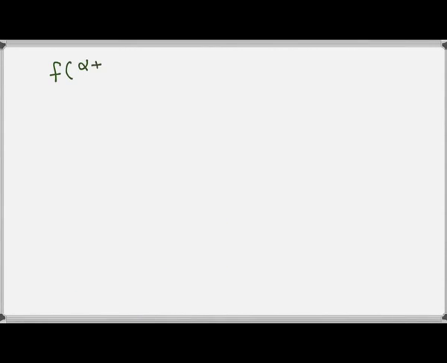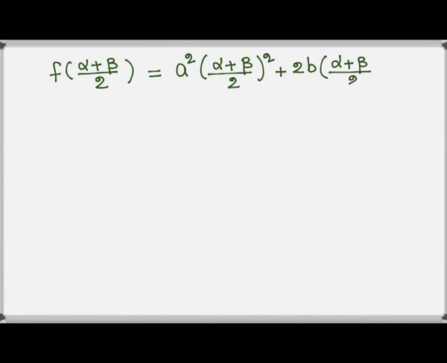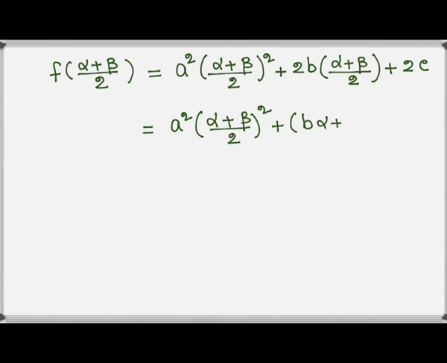F of alpha plus beta divided by 2 is equal to a square into alpha plus beta divided by 2 whole square plus 2b into alpha plus beta divided by 2 plus 2c, and this is equal to a square into alpha plus beta divided by 2 whole square plus b alpha plus c plus b beta plus c.